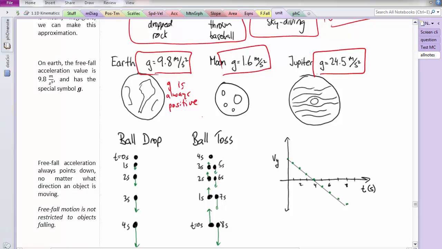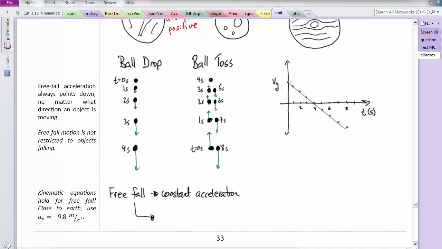So let's look at how this works in a scenario where you drop a ball. If you drop a ball, you have acceleration going this way. You have negative acceleration because your velocity is increasing in a negative direction. Now if you throw the ball up, let's say it's under the influence of gravity alone, the acceleration on the way up is still negative, even though the ball is going up, because it's slowing down in the positive direction.